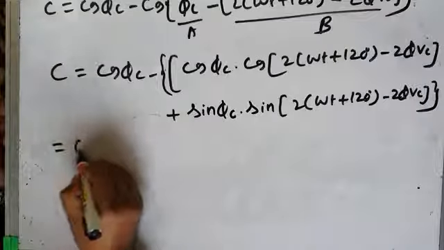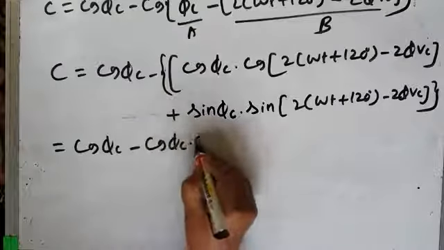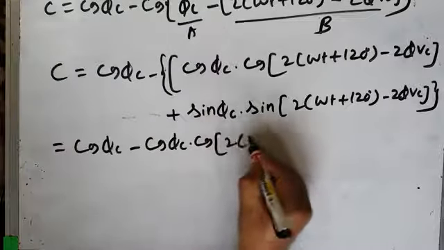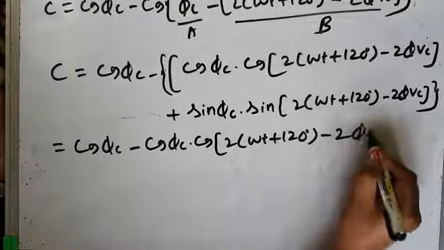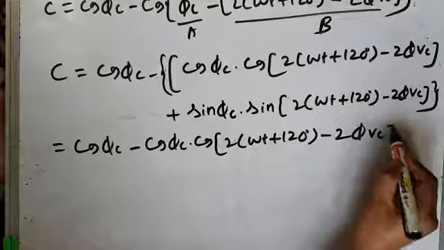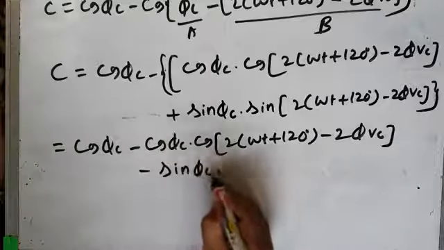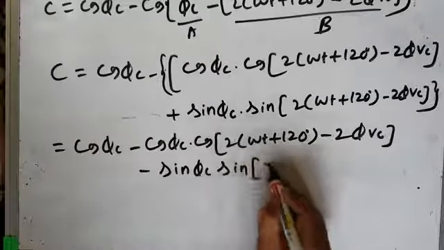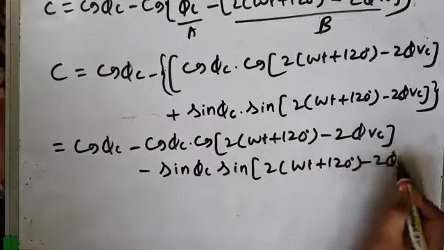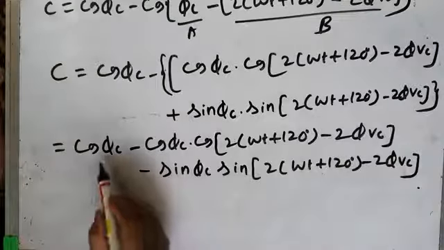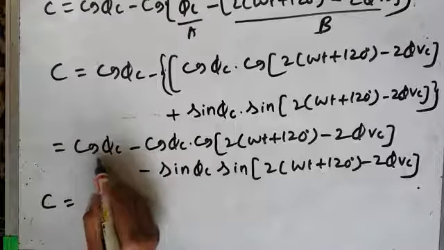So let us write it like this: cos of phi C into cos of 2 of omega t plus 120 degrees minus 2 phi VC, and then minus plus is minus sin phi C into sin of 2 of omega t plus 120 degrees minus 2 phi VC. Right. Just as I have done in case of A and B, in case of C also I will take cos phi C common.